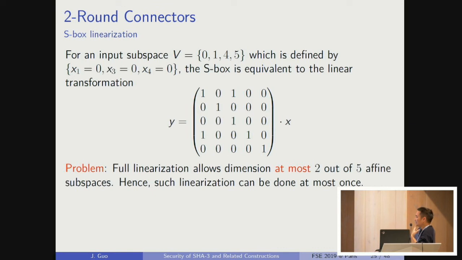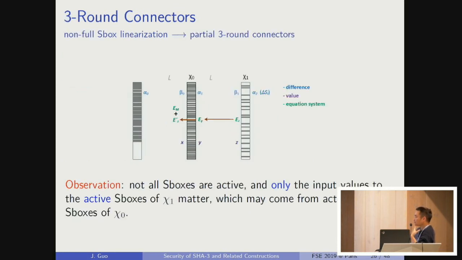Such linearization can be done at most once, because you lose 3 bits out of 5 doing this once. If you want to do it twice, you will need 6 out of 5 bits. So that's already insufficient. But we have a method to solve this, which we call non-full S-box linearization.